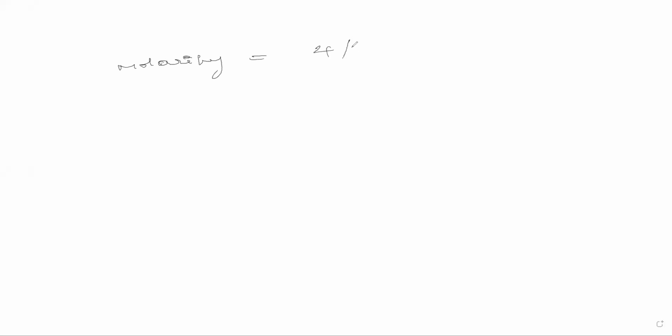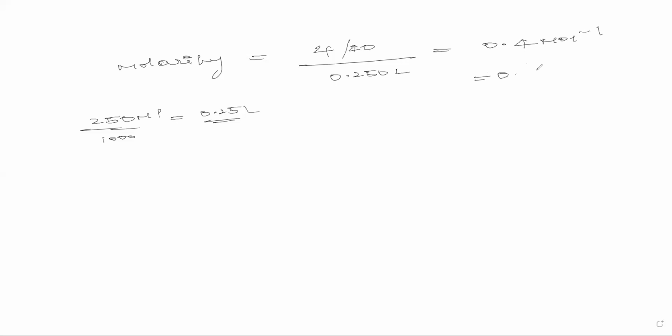Given mass is 4 and molar mass of NaOH is 40, divided by the volume. How much volume is given? It is 250 ml given. You just convert it into liters, that is divided by 1000. You have to do that. That gives out 0.25 liters, so that is 0.250 liters. So that gives out 0.4 molar.